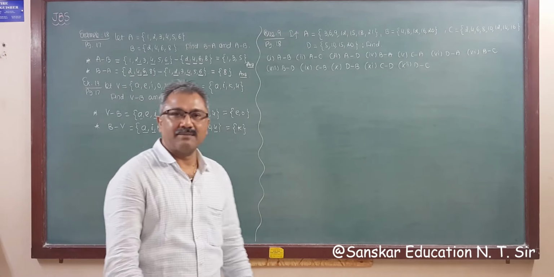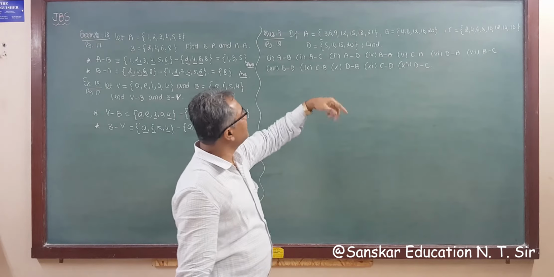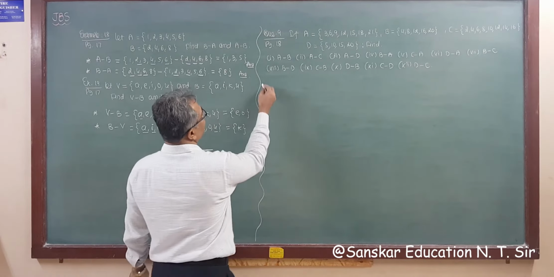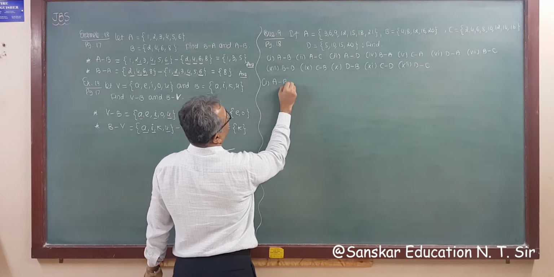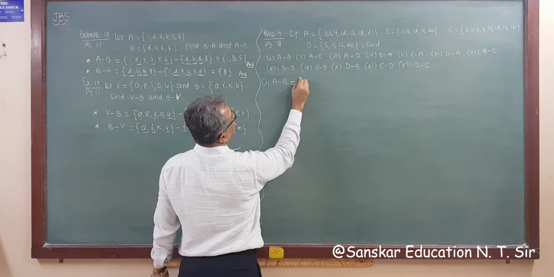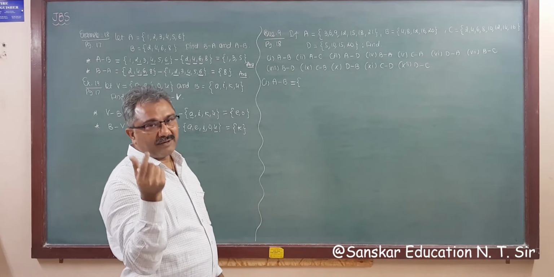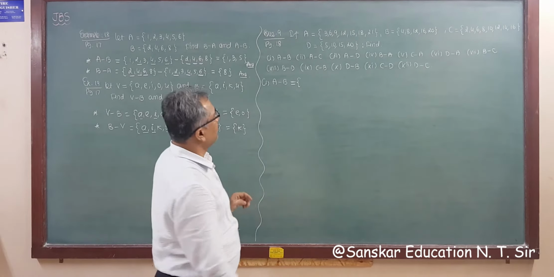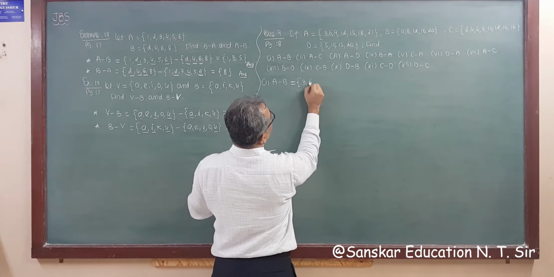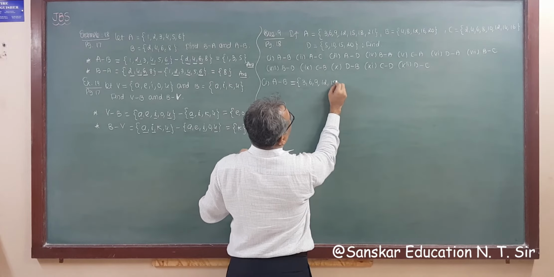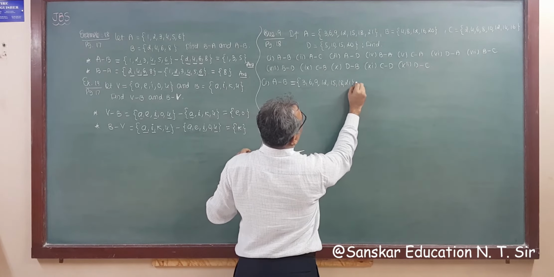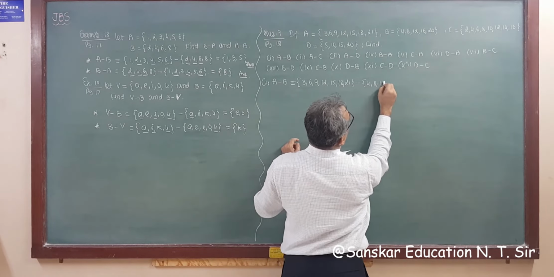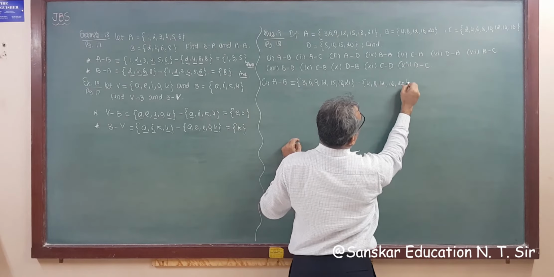Now, question number 9. Sets A, B, C and D are given, then we have to find these 12 answers. So first, A minus B. I am writing all the sets and then separating, okay? That is the best idea. A is 3, 6, 9, 12, 15, 18, 21, minus set B, which is 4, 8, 12, 16 and 20.